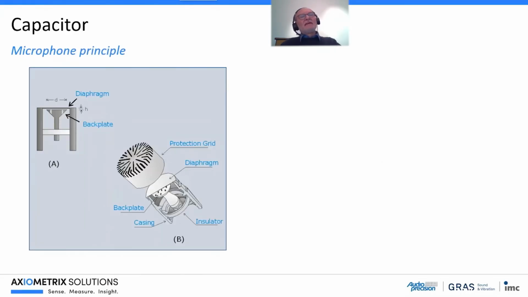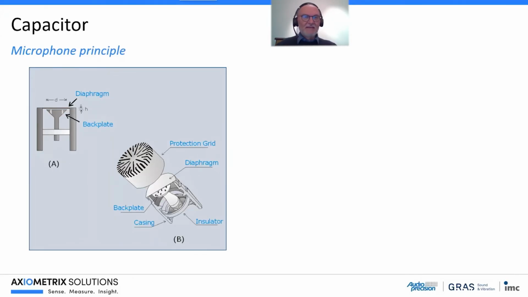If we look at the microphone principles, and remember from the previous slides, we have the capacitor between the diaphragm and the backplate, and we have a certain distance between the backplate and the diaphragm, and the diaphragm has a certain diameter, a certain area.